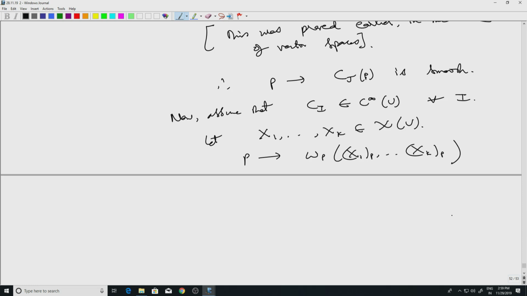Now what we can do is write each of the Xi's in terms of the standard basis.